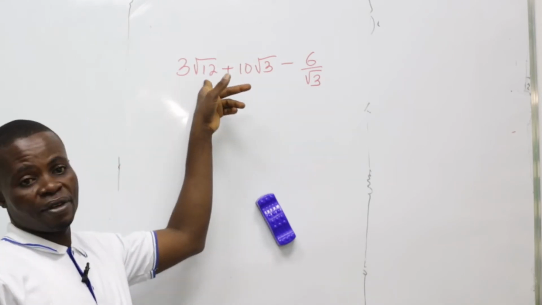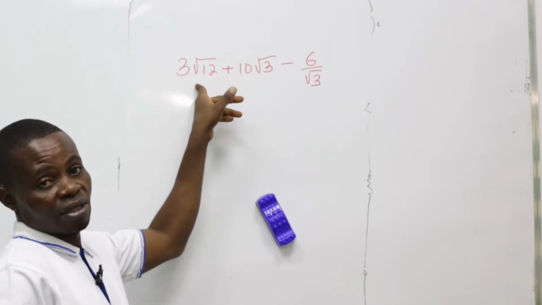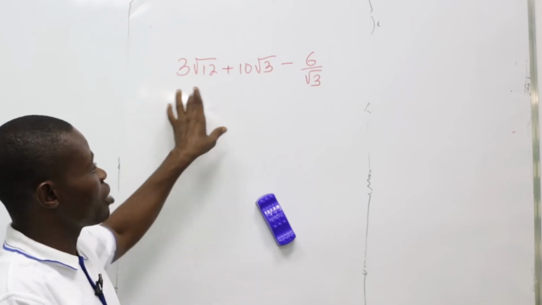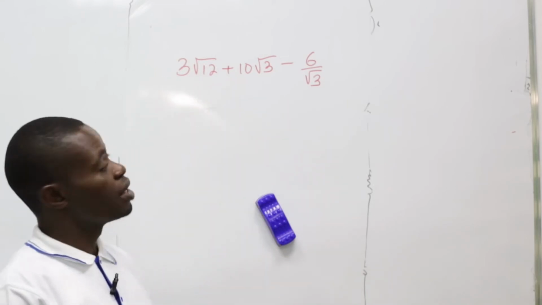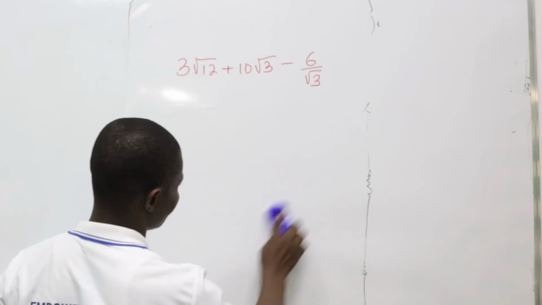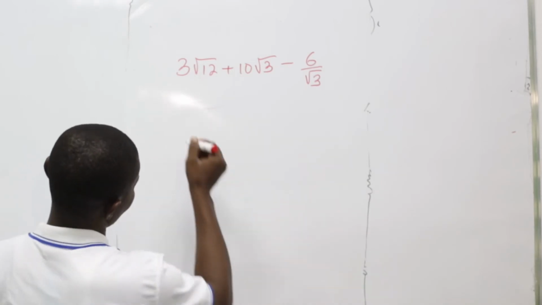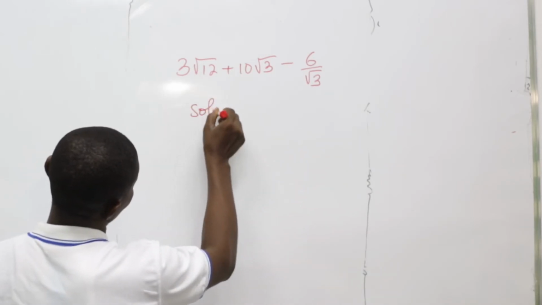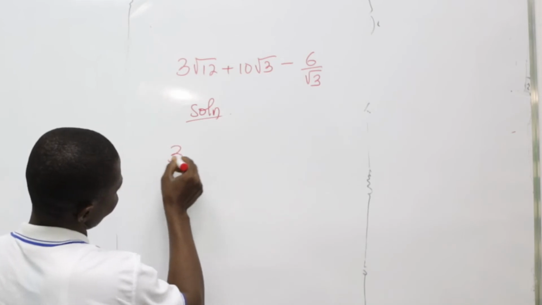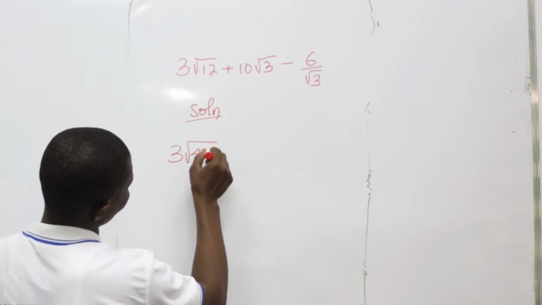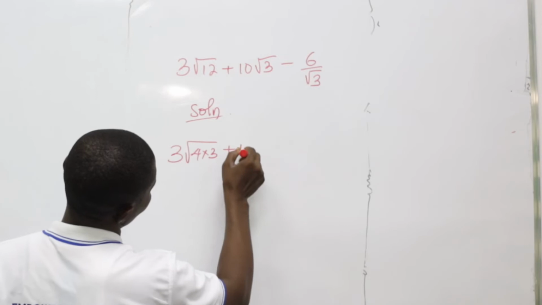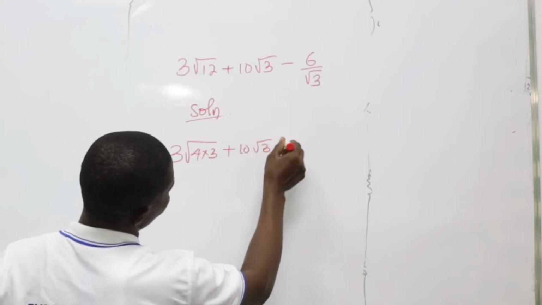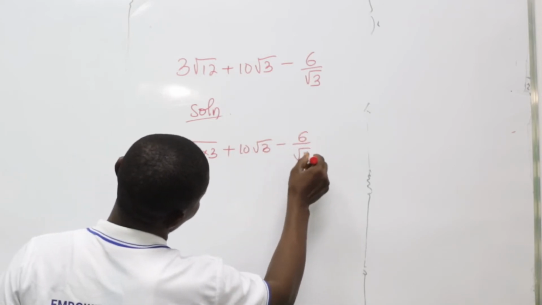You have a number that is not a perfect square. You think of what to do with it. Okay, first of all, you break it down. Then 3 root 4 times 3 plus 10 root 3 minus 6 over root 3.